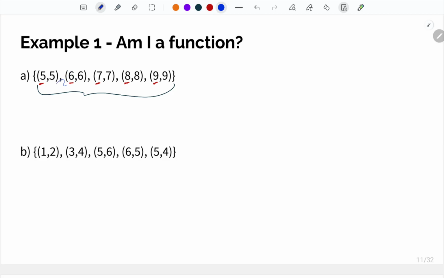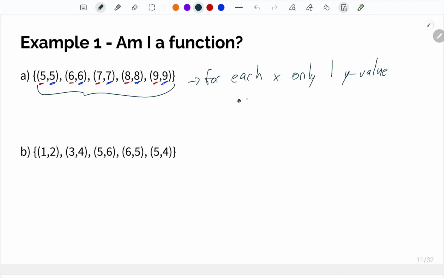Each x value has only one corresponding y value to it. Or all of the points together only have a point for each x value. So for each x, only one y value. So again, I know this might feel a little odd.